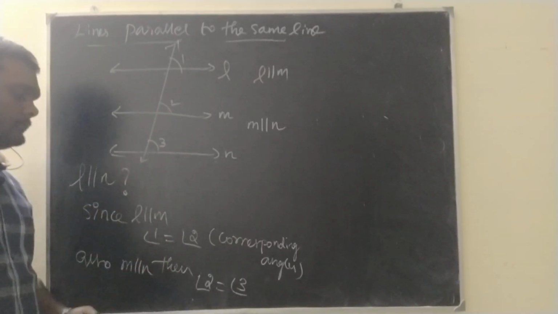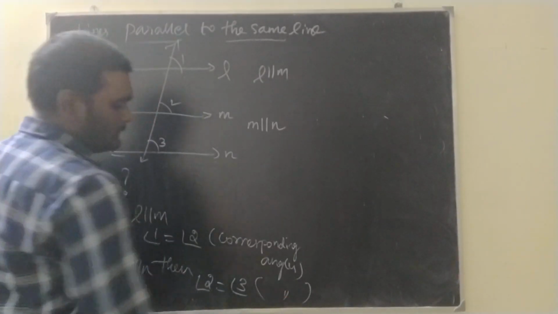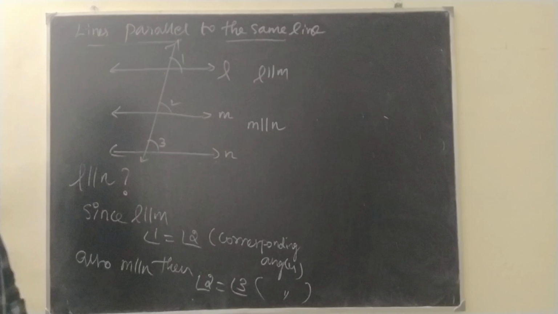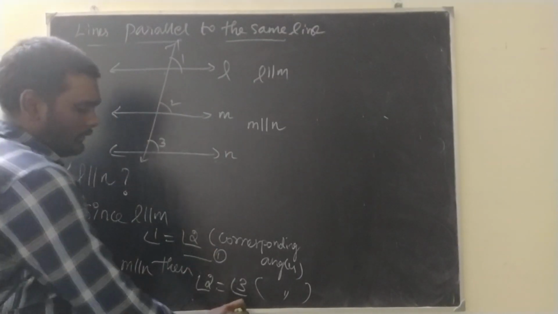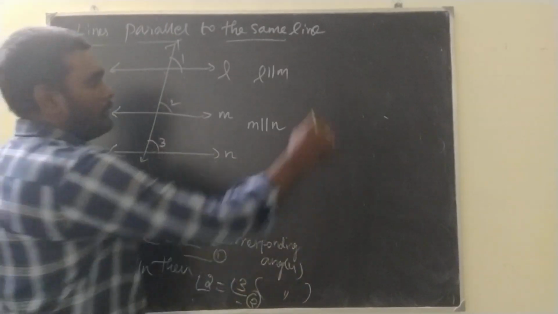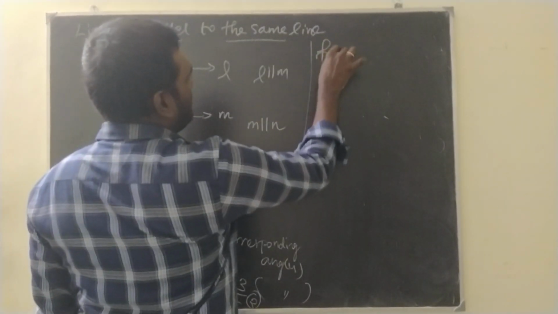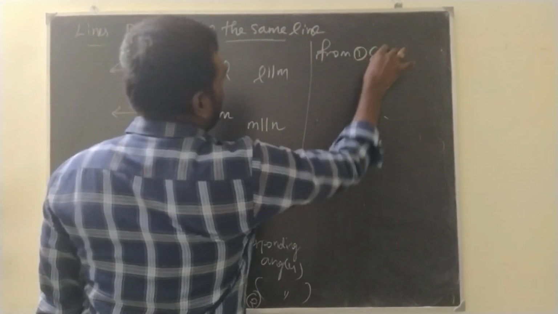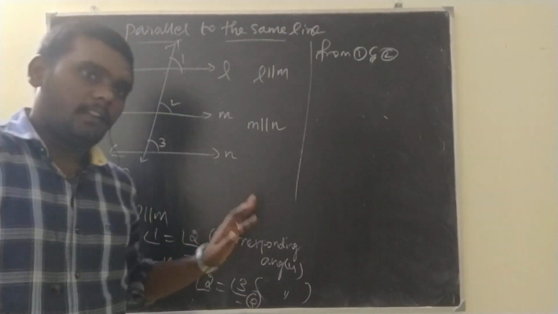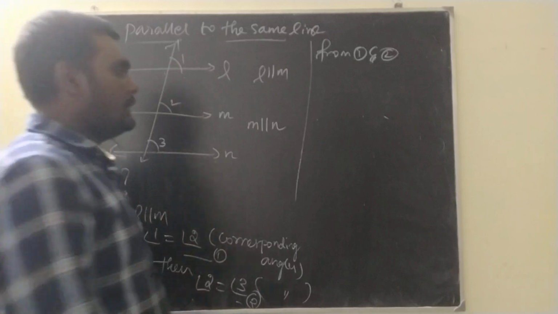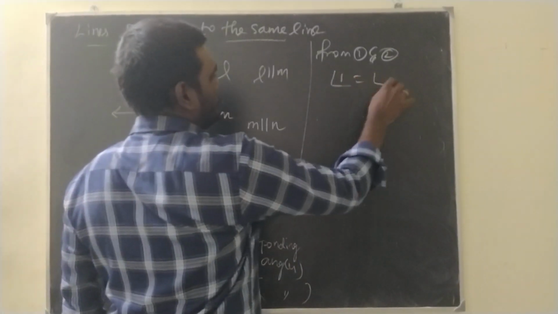These two are equal for the same reason, those are corresponding angles. We mark this as equation 1, and this as equation 2. From 1 and 2, what can we imply? From 1 and 2, we can say that angle 1 is equal to angle 3.